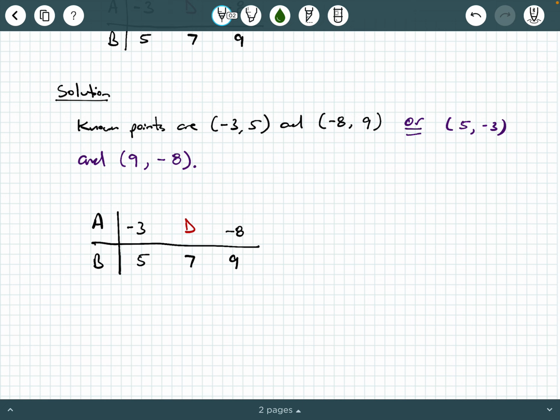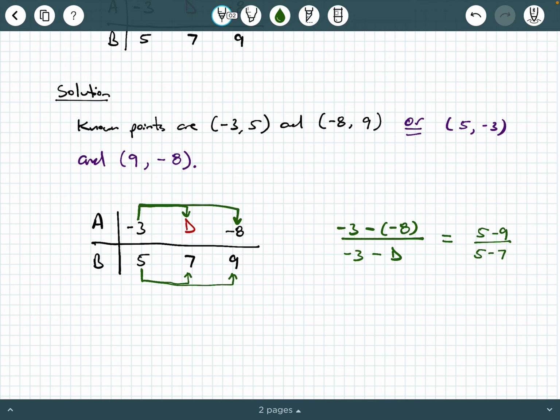So here's what I'm going to do. I'm going to say -3 minus -8 divided by -3 minus D. And that's going to be my left side of the equation. I'm going to put an equal sign, and I'm going to say 5 minus 9 in the numerator divided by 5 minus 7 in the denominator.